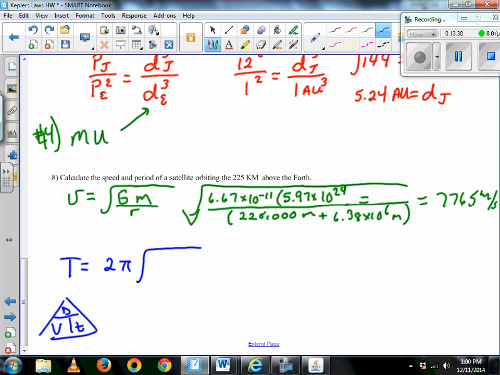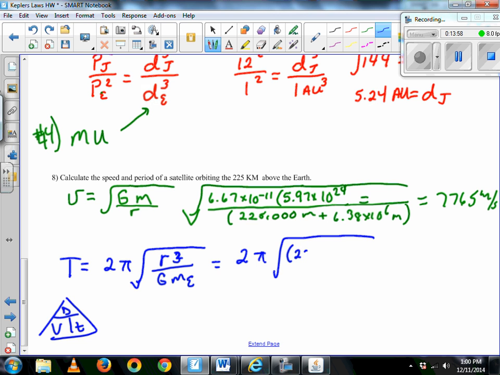So I'm going to multiply that 2 pi by r cubed divided by big G and the mass of the Earth. I said square, I meant cube, not square. R cubed. So when I put this in, I'm going to put 2 pi. The radius, don't forget, is this whole big thing down here.